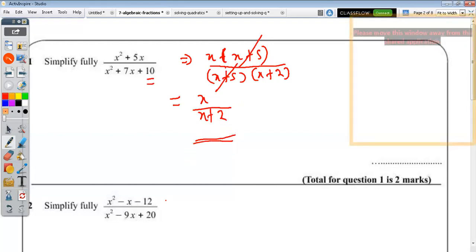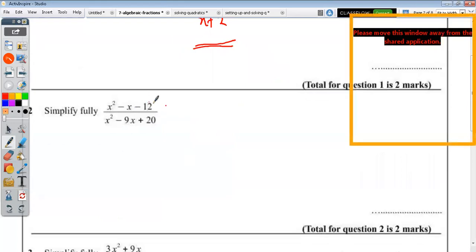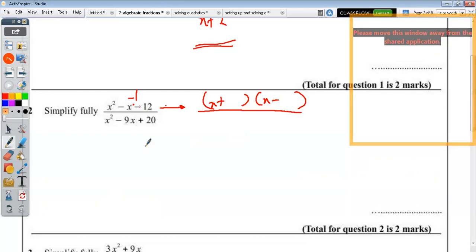Are we together? Both of you there? Yes, sir. Now let's see if we can factorize the top. We want two numbers, one positive and the other negative, but the negative number is greater. They've got a difference of 1.